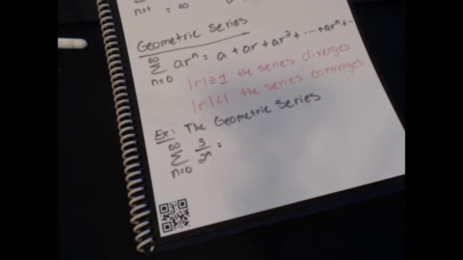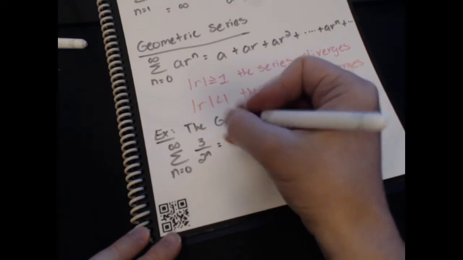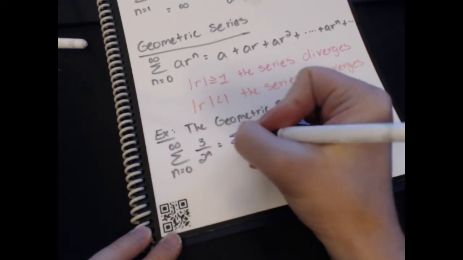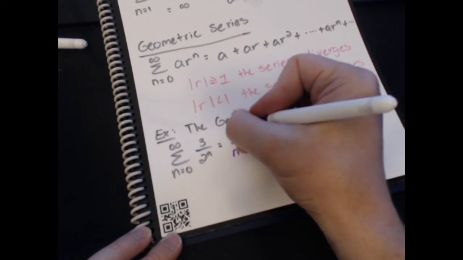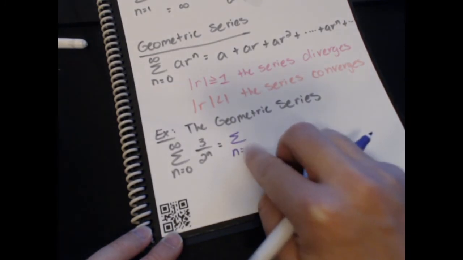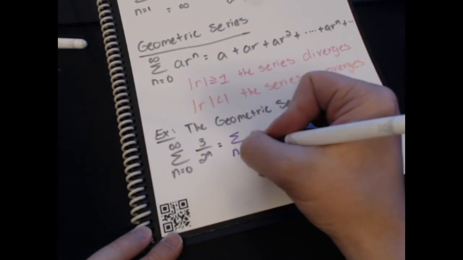We could think about it as the summation of n equals 0 to infinity. Is that 2 to the n in the denominator? Yes, it is. 2 to the nth power.